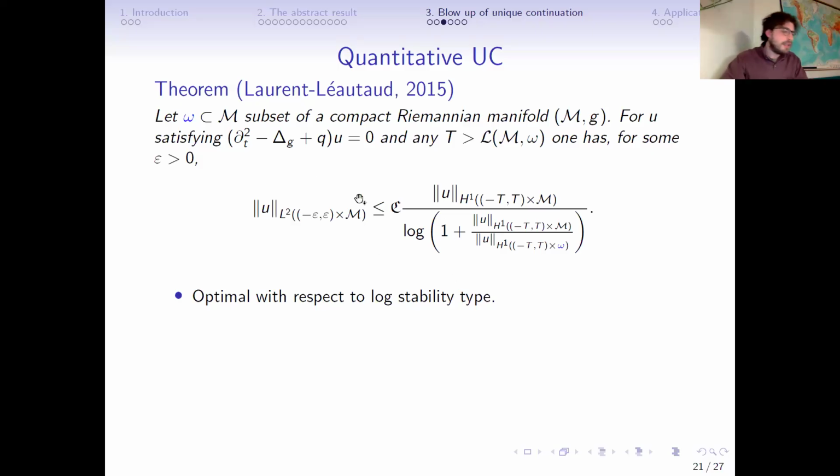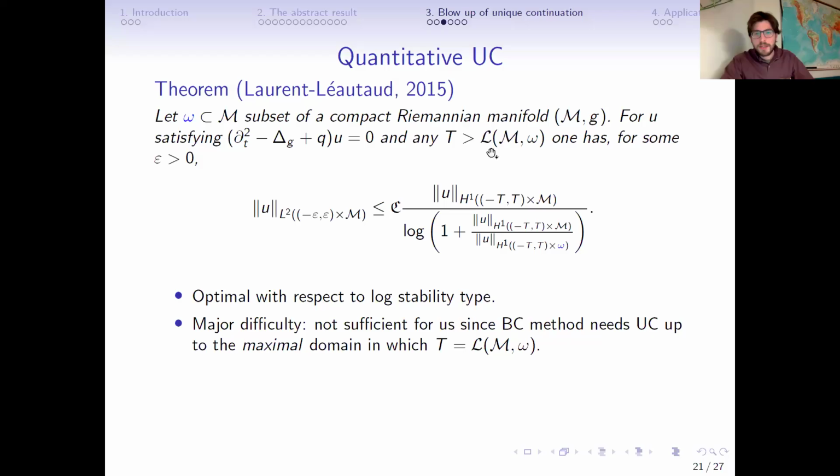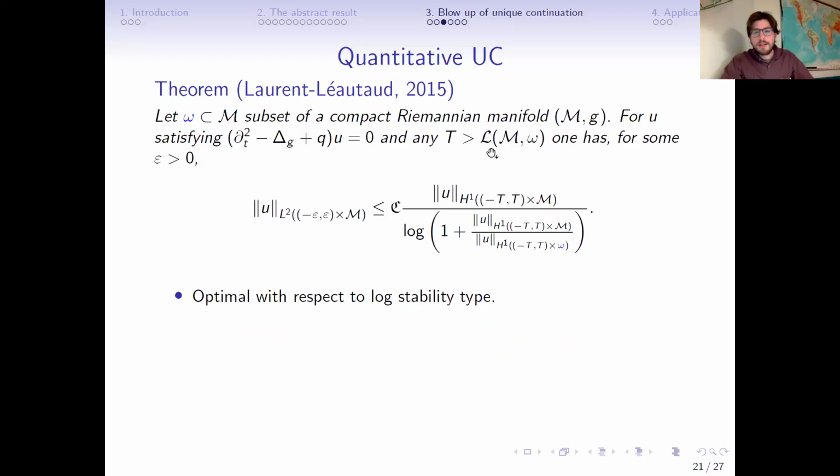So let's see what a quantitative unique continuation result looks like. We have a solution, we have a time t large enough, and here we control the norm of our solution in the whole space, so M is the whole manifold, by some constant.